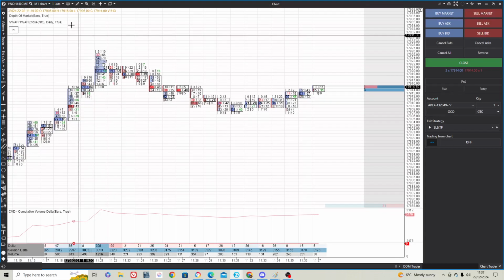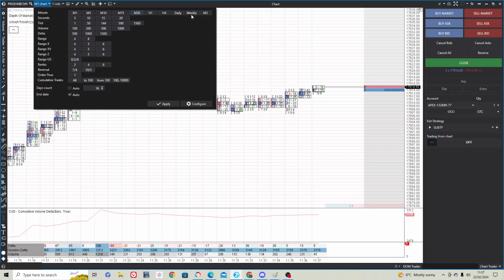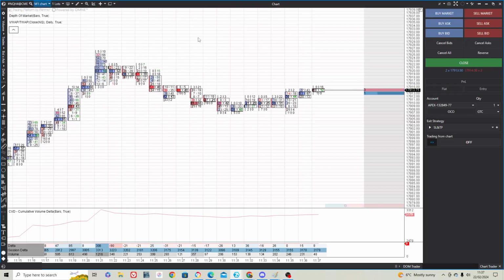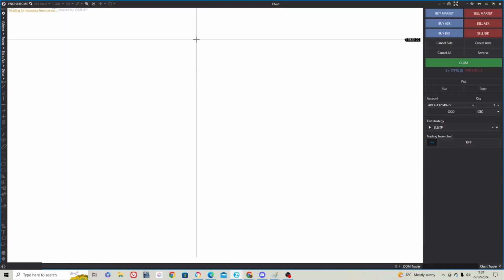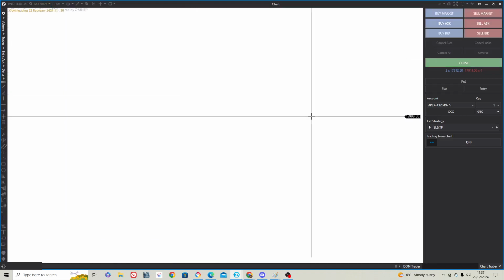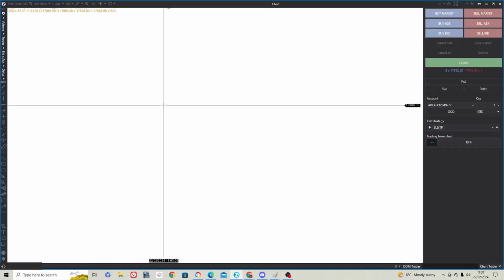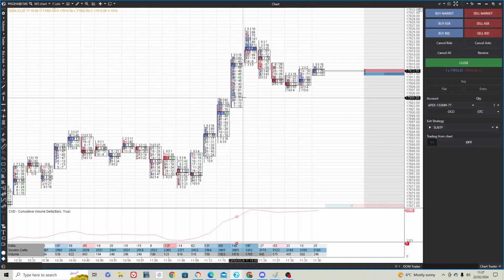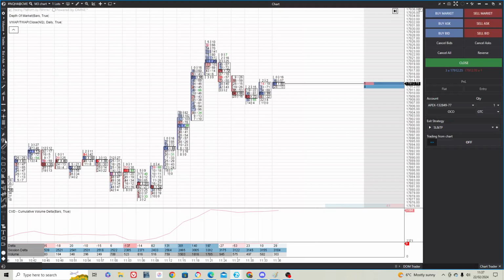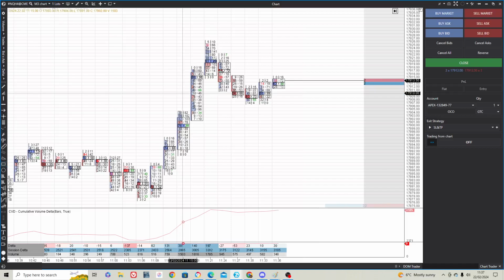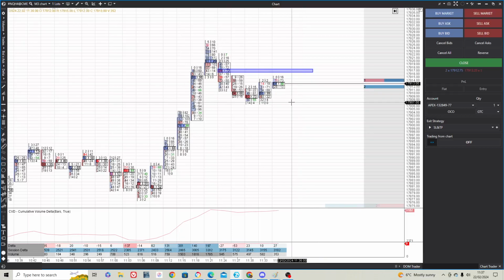Alright, what's going on? Now, I'm going to do this without Bookmap because I traded for over a year without using it, just using footprint, and I was fine.